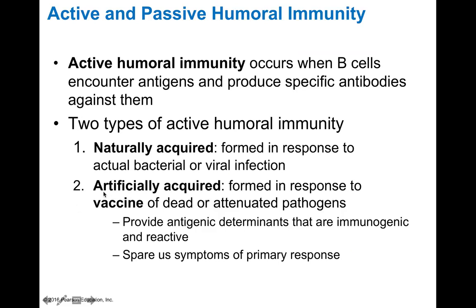This process that I'm describing as a vaccination is an artificially acquired immunity, versus naturally acquired, which is where basically you get exposed to a bacteria or virus, and through a second exposure, you can defend yourself. But there was no vaccination for it.